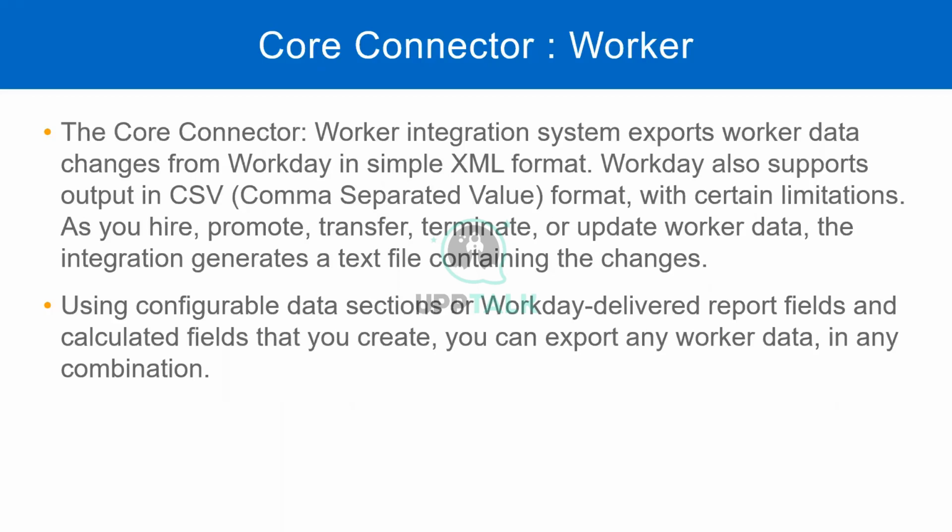But if you want to have a daily run, or maybe hourly, every 2 hours, then what would you do? You will only send the changes, correct? The delta file, or the change file. That is why this Core Connector Worker is typically very good at that. It is good at detecting the changes that have been made to the worker information.